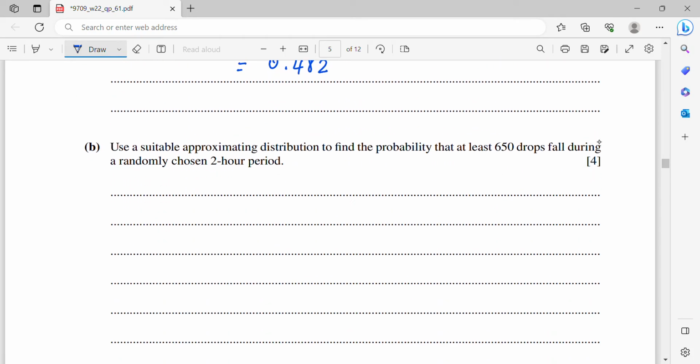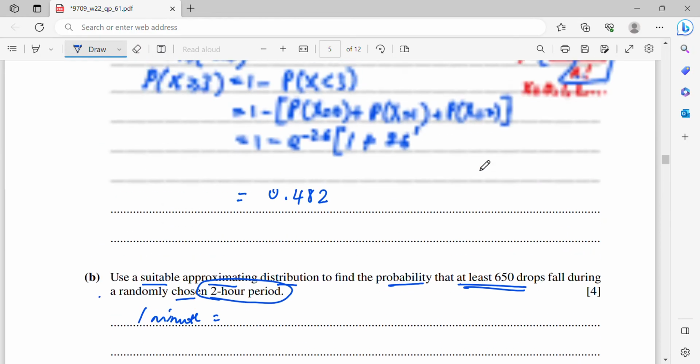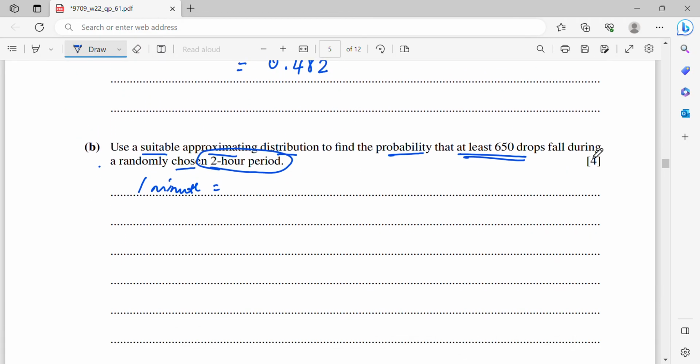Alright, now B: use a suitable approximating distribution to find the probability that at least 650 drops fall during a randomly chosen 2-hour period. Just now, 1 minute is 5.2, right? Now 2 hours is basically 2 times 60 minutes, that means 120 minutes.